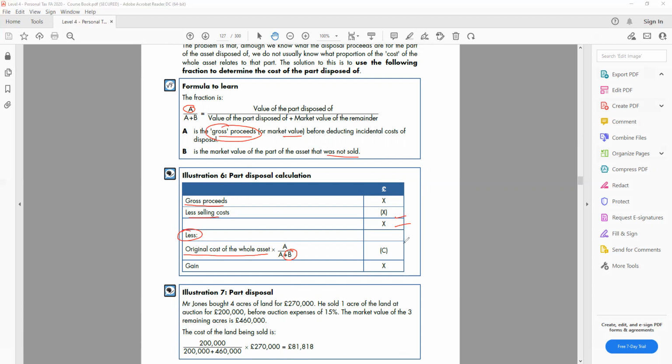And we minus this to find the gain. So you have to remember this formula because in the exam it will not be provided. Anywhere you see it written formula to learn, that means you have to remember it because it will not be provided in the exam. All right, let's try one question. Let's see how it works.